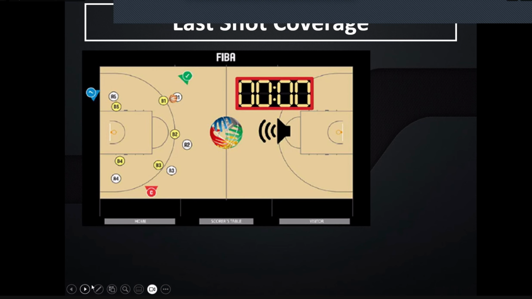Last second shot coverage. Center or trail, opposite the shot attempt, has primary clock responsibility. So this official is occupied refereeing the actual play, refereeing contact.